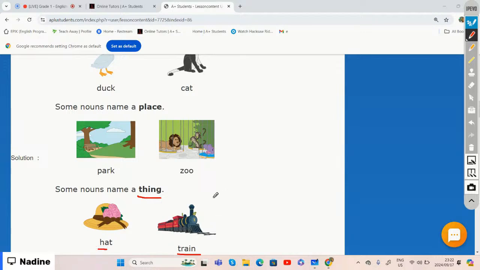If you mention a person, girl or boy; animals, ducks or cats or dogs, hamsters; a place, park, zoo, beach, school, for example; and if we name things, we can say hat, train, car, ball, dolls, those are nouns.